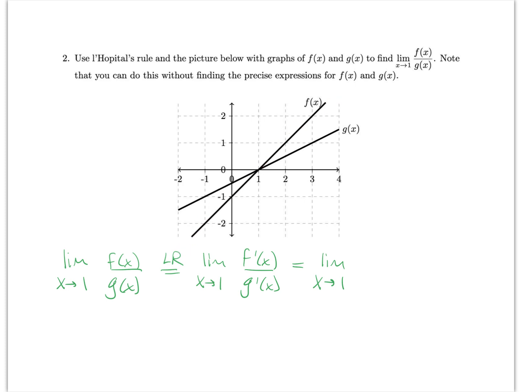So the slope looks like rise is 2, run is 2. The slope of f is 1. And the slope of g, it looks like I've got a rise of 1 and a run of 2, so 1/2. So this is the limit as x approaches 1 of 2, which is 2.